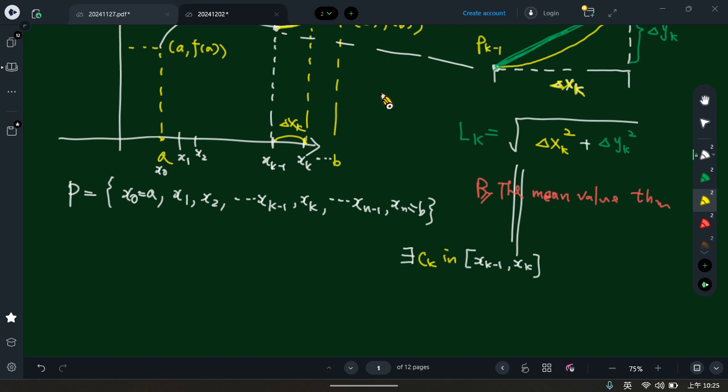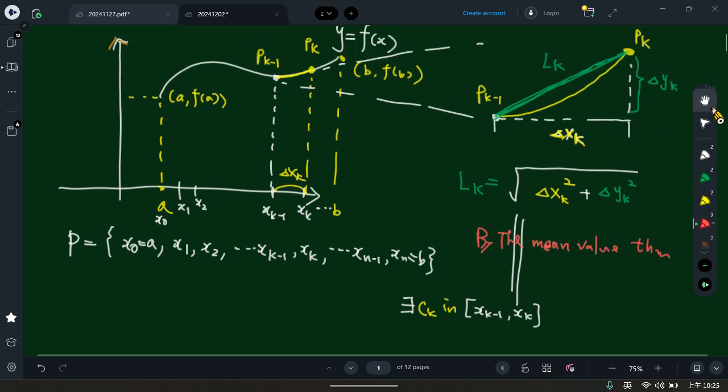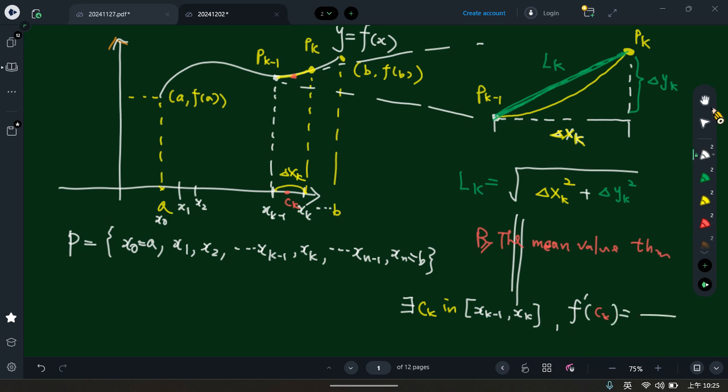So we can find a ck here, for example, maybe ck is here. Then with this ck, we can have f prime of ck equal to delta yk over delta sk. Did you still remember that?